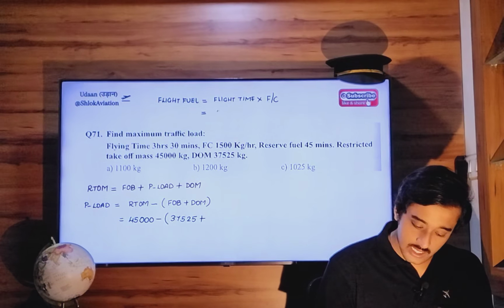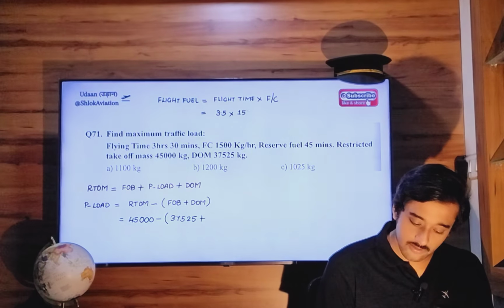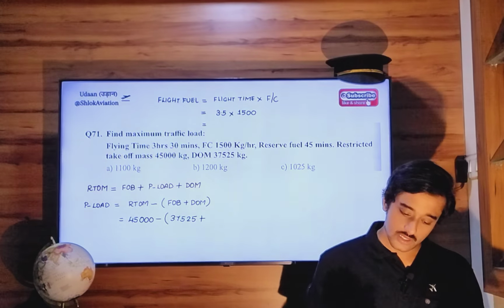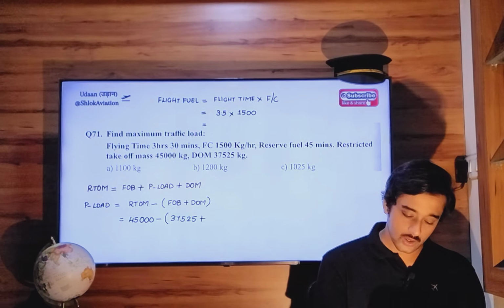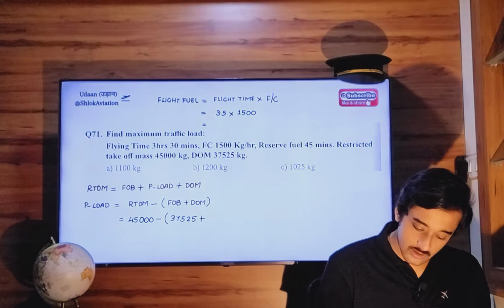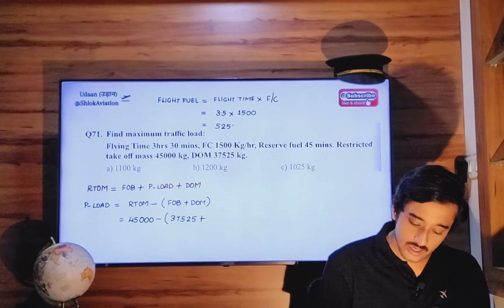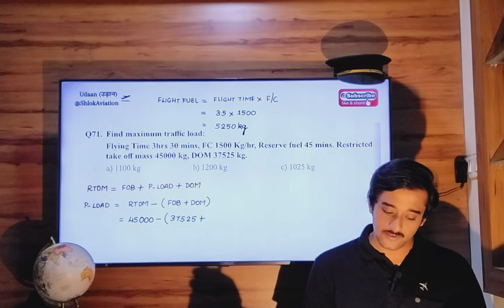So 3 hours 30 minutes, 3.5 multiplied by 1500. Okay. So 3.5 into 1500 is 5250 kilograms. Now flight fuel is 5250 kg.